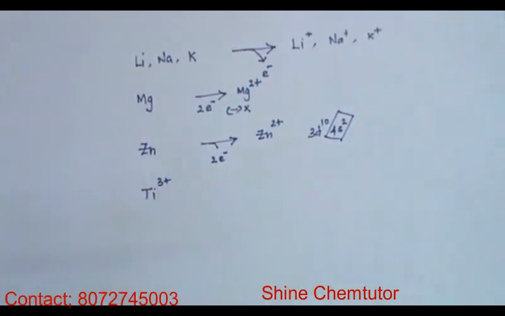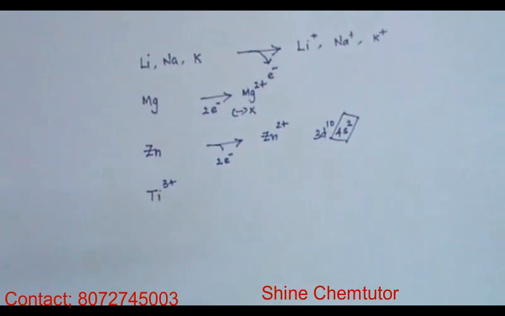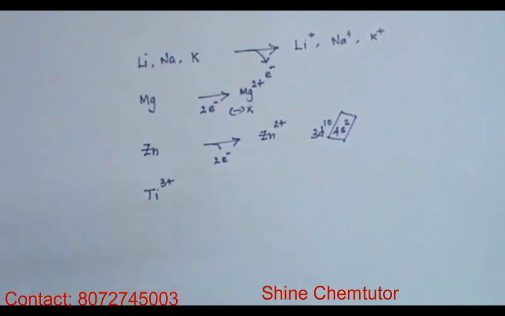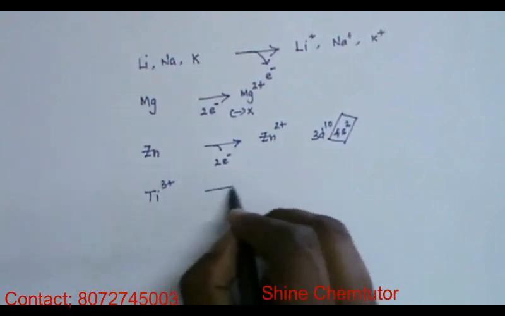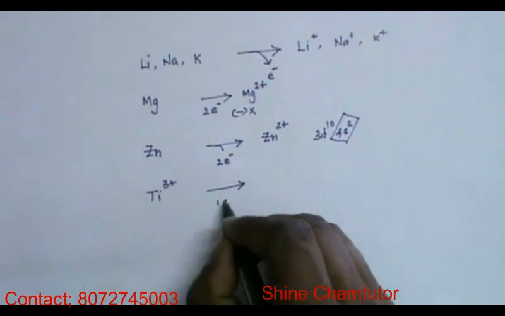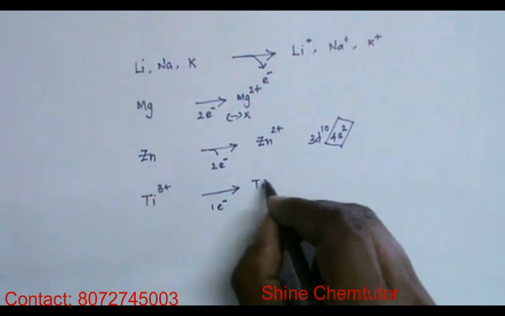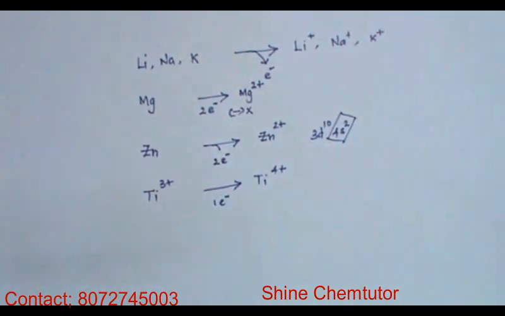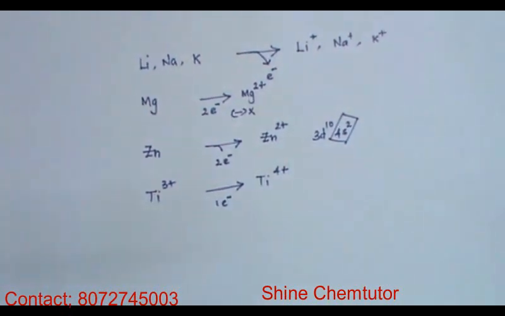As such, titanium metal will have 4 electrons in the outermost shell. But titanium 3+ will have only 1 electron in the outermost shell. By losing that, it will become titanium 4+. So these are some of the most common metals which readily give a single electron.